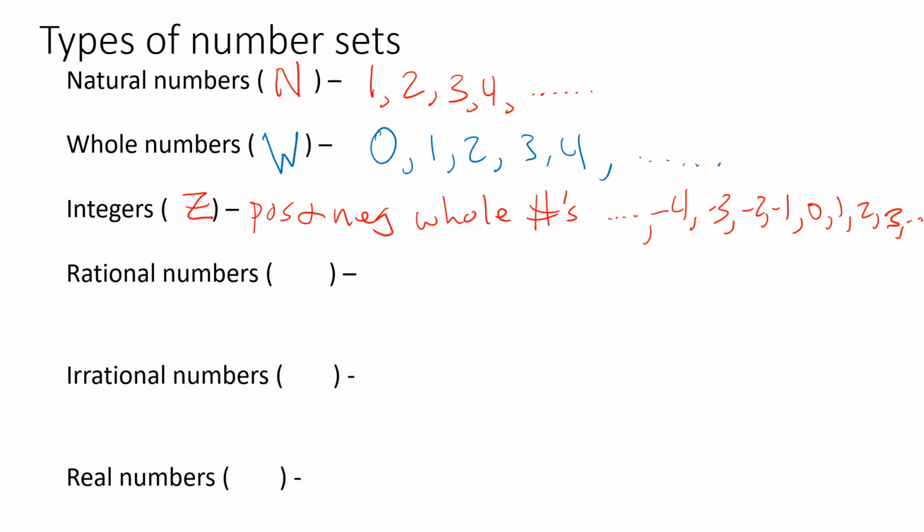Rational numbers. Rational numbers are denoted with the capital letter Q, and rational numbers are any number that can be written as a fraction of two integers. So rational numbers are ratios or fractions of two integers.